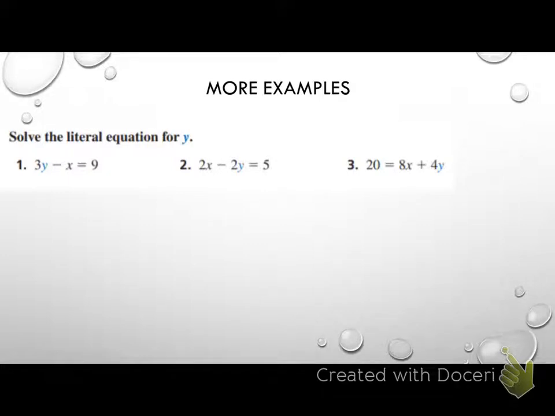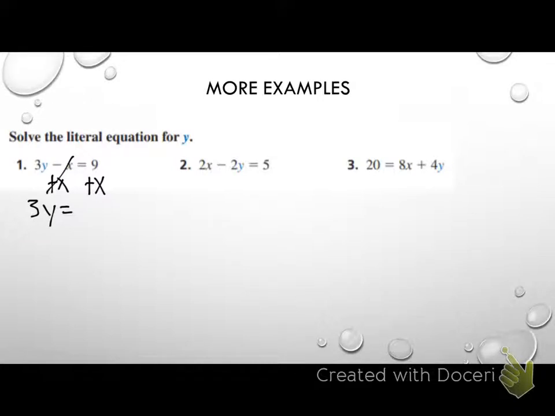So for the first one, 3y minus x equals 9. What would my first step be? Add x to both sides using our inverse operations. Can I combine 9 and x? No. Why? They're not like terms.